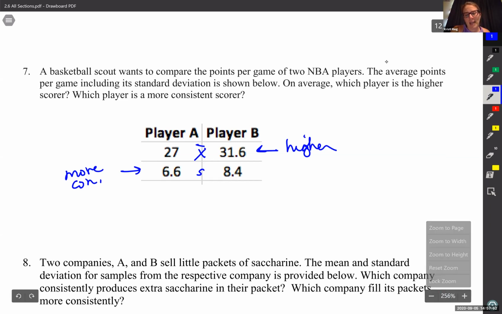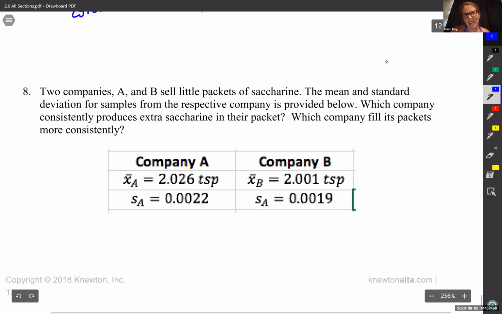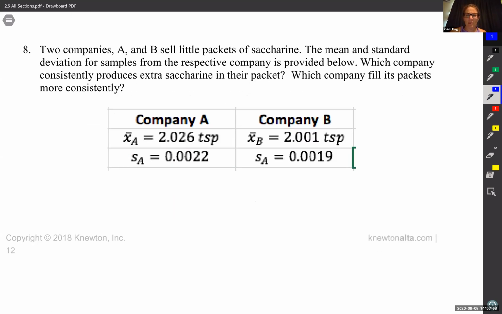All right, last one, little packets of saccharin, which I think is Sweet'N Low. Maybe it's Equal, one of those is saccharin. But it gives us the mean and standard deviation, and you can definitely see which is which here because the notation is here. But it says which one consistently produces extra saccharin in their packets.